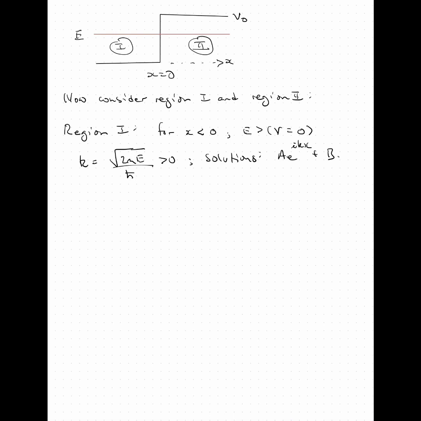By oscillating I mean they have these i's out in front, these imaginary numbers. So they'll form cosines and sines.